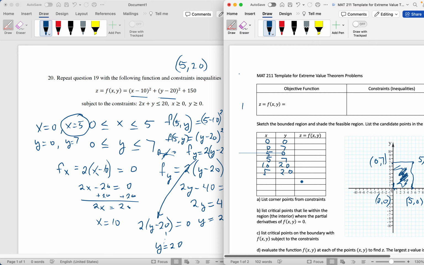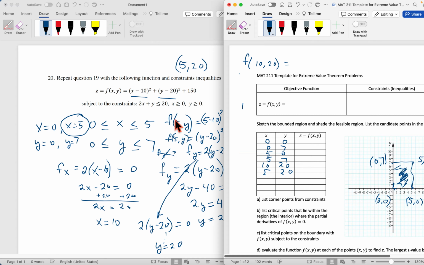Get all the z values, and are we okay with doing that? Maybe I'll do one of them. So f, which point should we use? How about 10, 20? That would work, because that'll actually be one of the problems if you work through this, and the solution guide will give it to you.